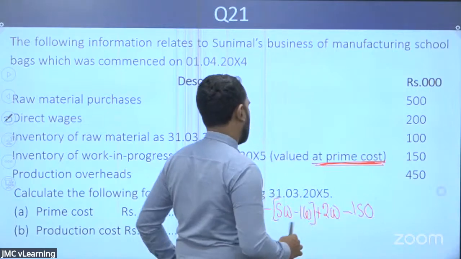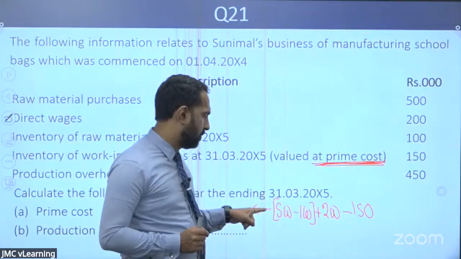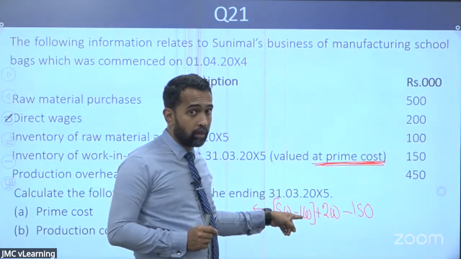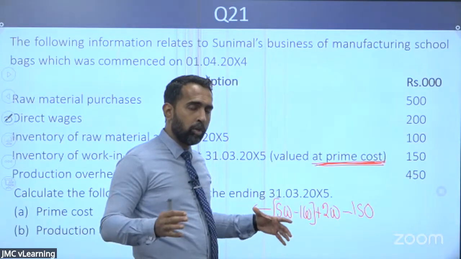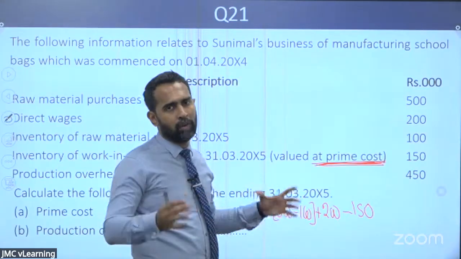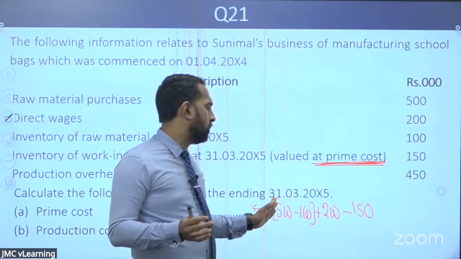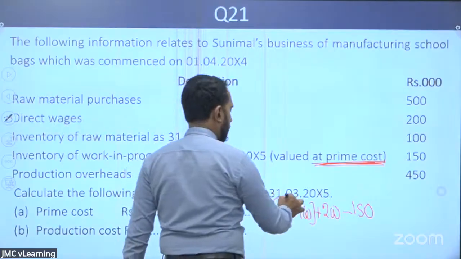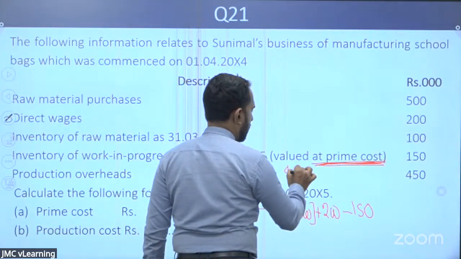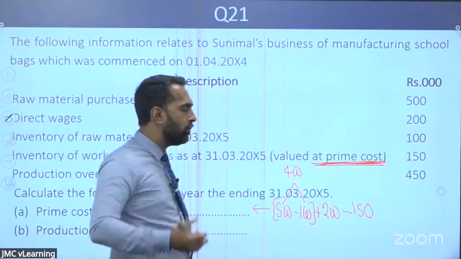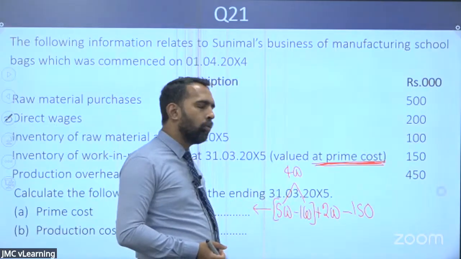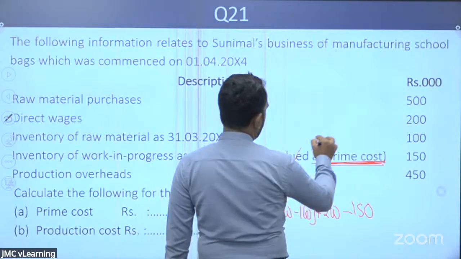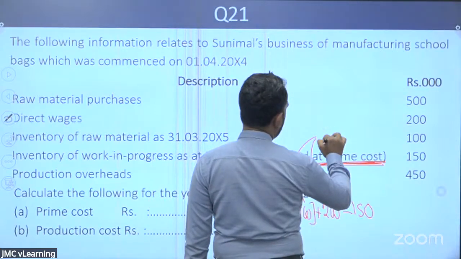Okay. Now you have purchased raw material worth 500. Of that 100 is not used, no? That is the closing inventory available. You haven't utilized it for the manufacturing process. So really speaking, even though you purchased 500, what you consumed is only 400 for the production process. Then you incur 200 worth of labor, right? So altogether, 400 and 200, 600 was incurred.